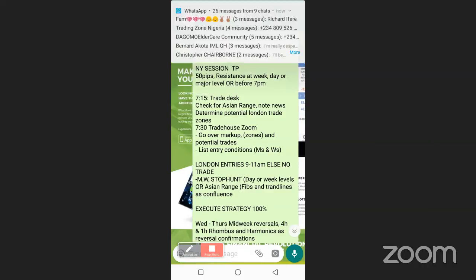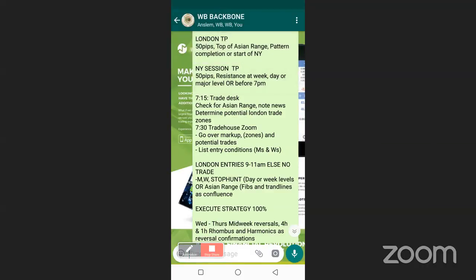And if all the signs are saying reverse or continuation, sometimes it gets tricky. So these are the rules we should try to follow. If we get 40, 50 pips in one session, just get out of the trade, regardless of the long-term movement. Instead, find conditions for either a new trade in the new session in line with your previous one, or just find a trade for the next session.